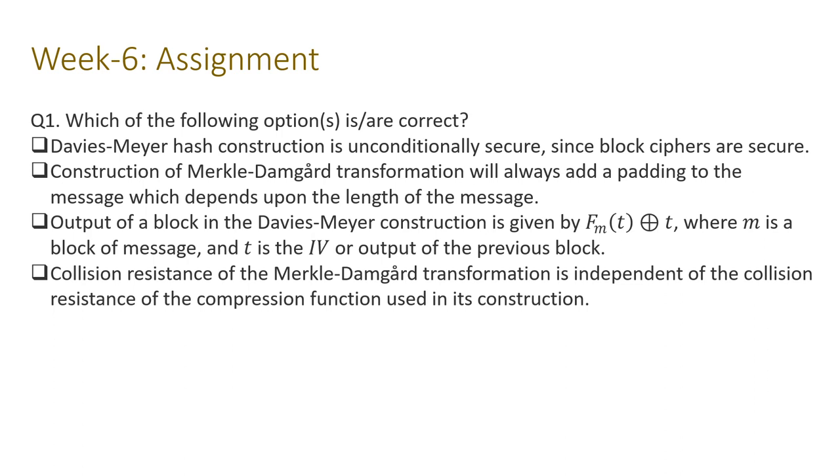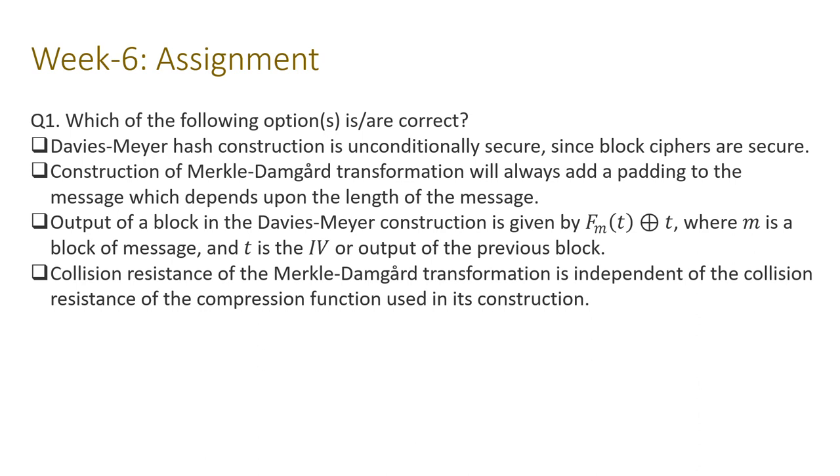So you have a block of messages given, and in this way you evaluate it. You can get a compression function in this manner, and then further apply the Merkle-Damgard transformation to get an arbitrary length hash. Okay, this statement is true.